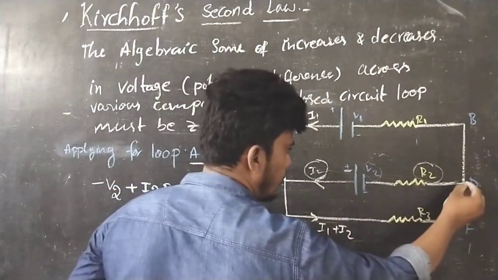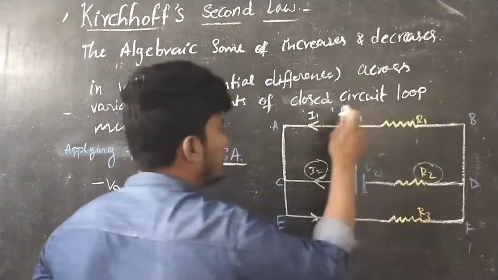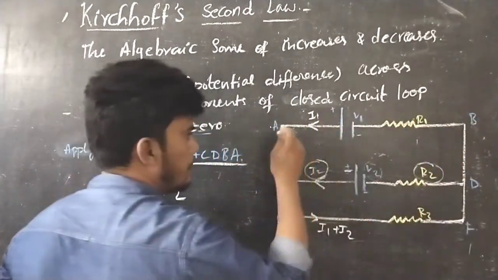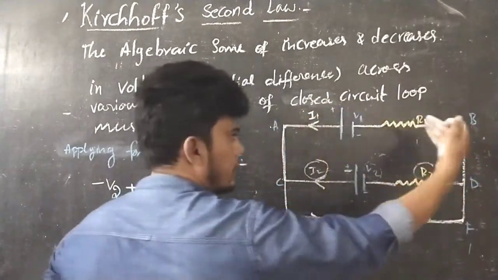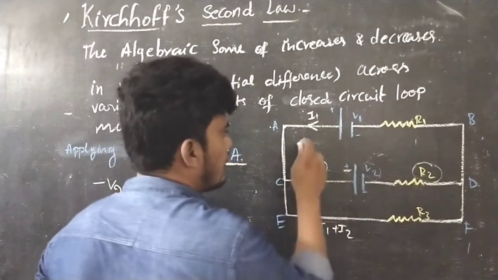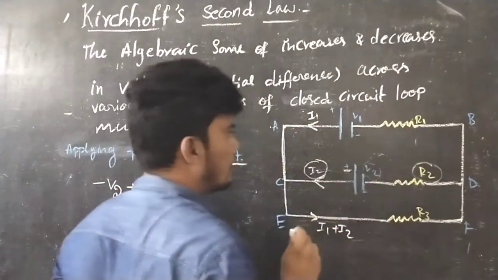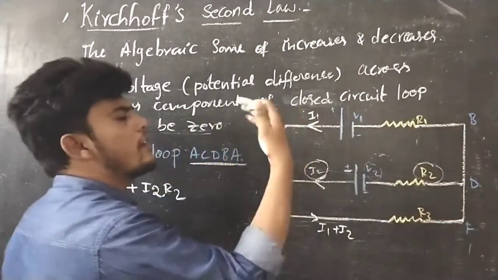Then it goes from point D to B. There are no components. Then B to A. So my direction is in this way. From B to A, the direction is in this way. Then what are the values of I1 and R1? The direction of the current and the direction of the loop are the same.